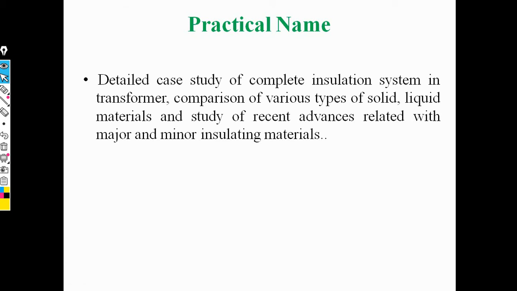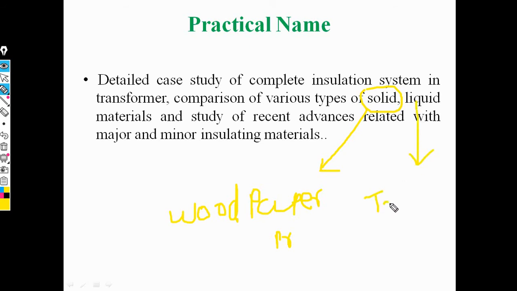Here, the examples of solid material are paper, press board, and wood. These are the examples of solid insulating material. And the example of liquid is transformer oil.